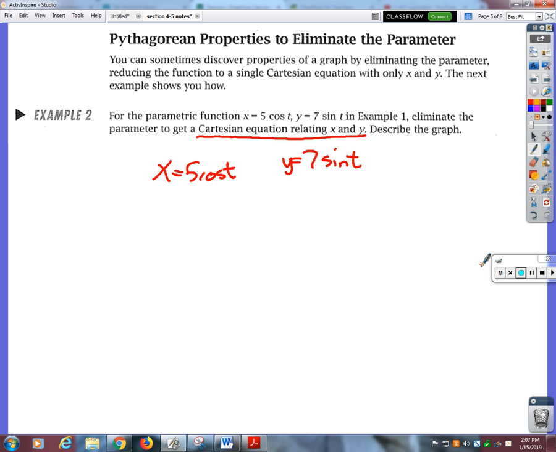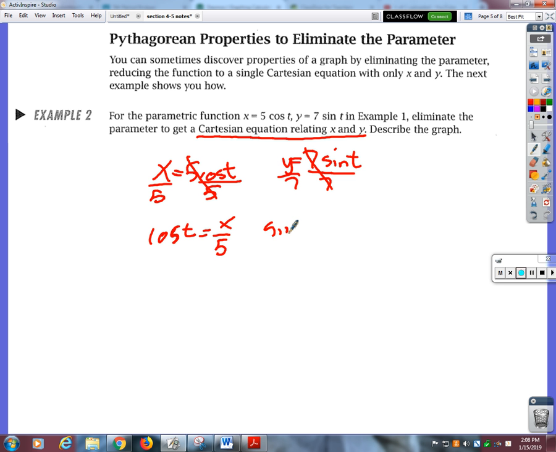Are you ready? Okay. I'm going to take this and divide both sides by 5. When I do that, the 5's cancel, and I get cosine of t equals x over 5. This one right here, I'm going to do the same thing, but divide both sides by 7.